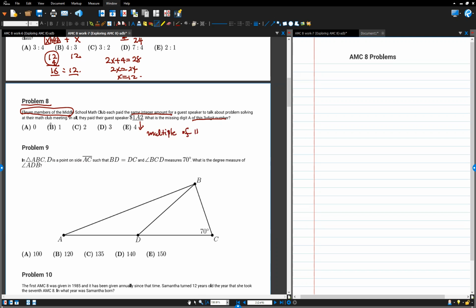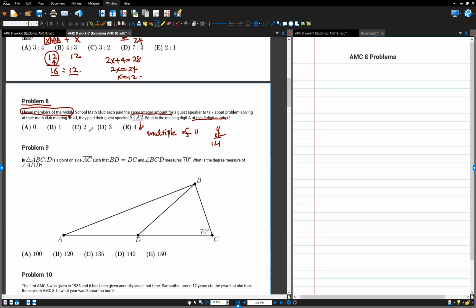So put this number 0. 102 is a multiple of 11? No. Because that is 3 digits, right? The first digit is 1. Maybe 11 times 10, 110, or 11 times 11 is 121. It will be okay, right? The next one is 11 times 12 is 132, right?